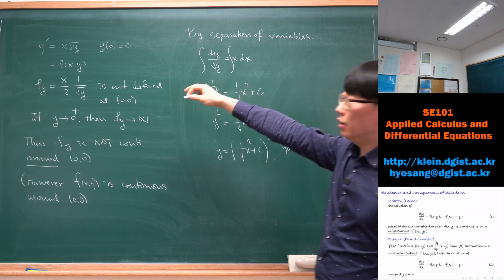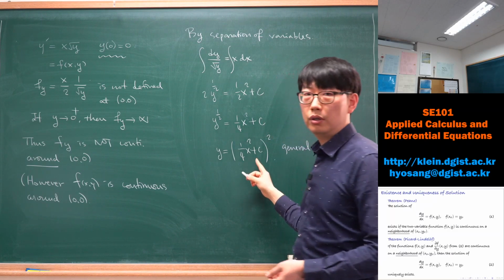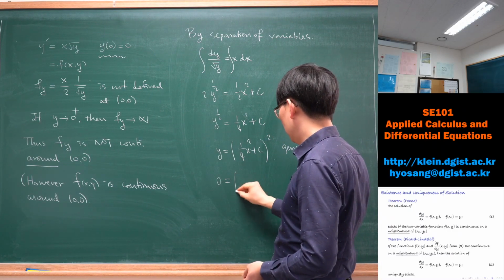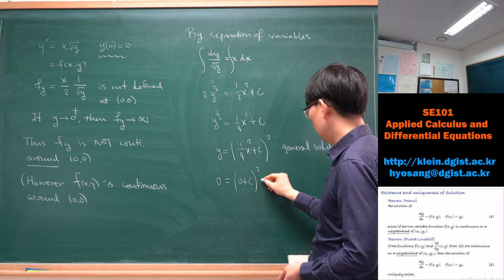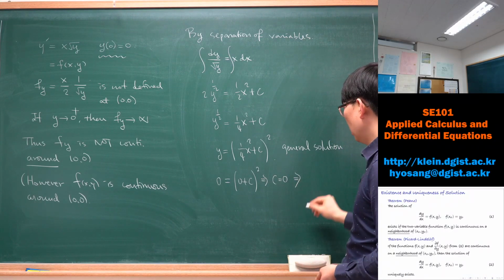Now, we have an initial condition that y(0) equals 0. Plug 0 here. I need to get y equals 0. So 0 plus c, squared, right? So c must be 0. So what's the conclusion?